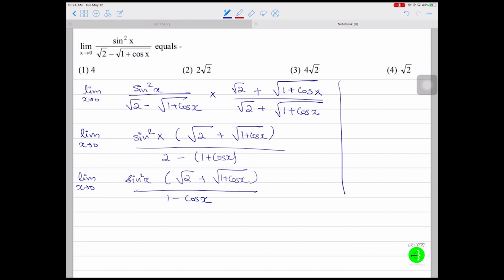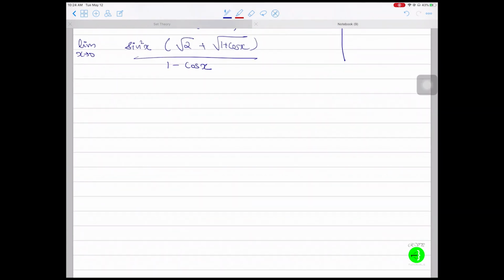Now again, remembering our trigonometric identities, 1 minus cosine of x is 2 times sine squared x over 2. Let's use this identity. So we have limit x approaching 0 of sine squared x times under root 2 plus under root 1 plus cosine x over 2 times sine squared x by 2.